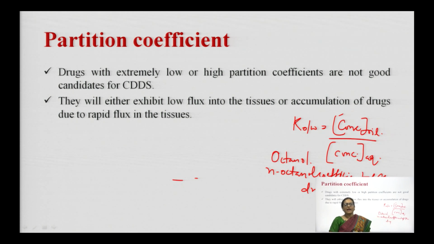They will either exhibit low flux into the tissues if their partition coefficient value is very low, and if they have high partition coefficient value, they will have tendency to accumulate in the tissues because of the rapid flux. So, none of the conditions is desirable. A balanced distribution of drug between oil and aqueous phase is the best.